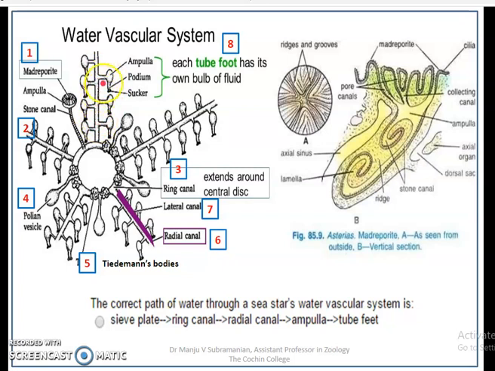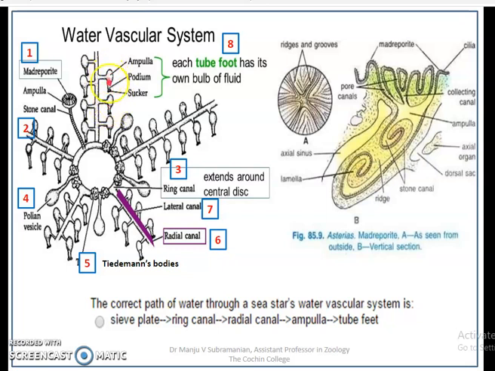Each radial canal runs into an arm above the ambulacral groove and terminates in a short tentacle at the tip. This is a short tip, that is, it ends in the tube feet. This radial canal opens into small, short lateral canals, and they enter into the tube feet.